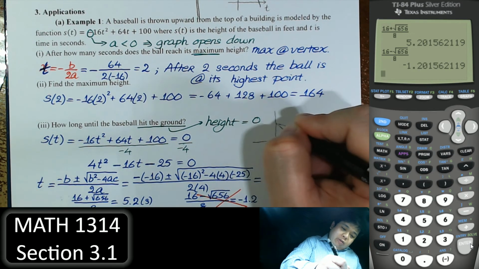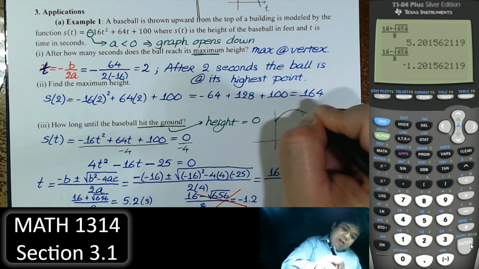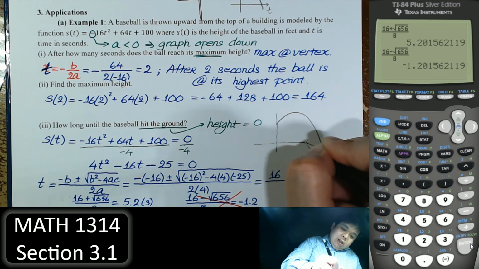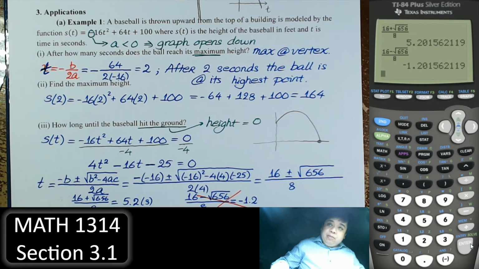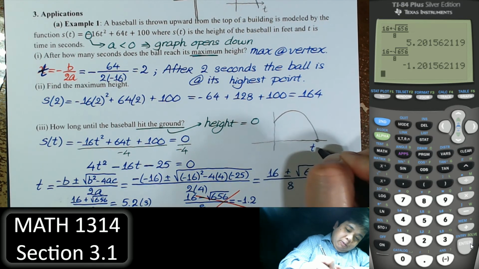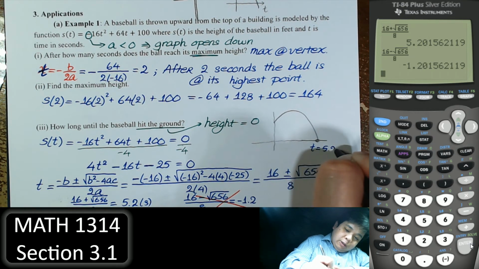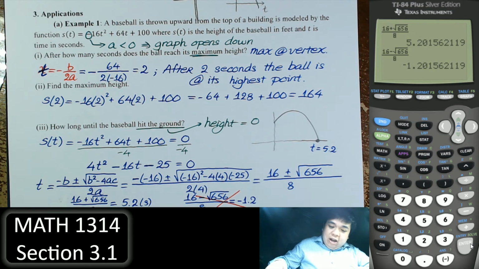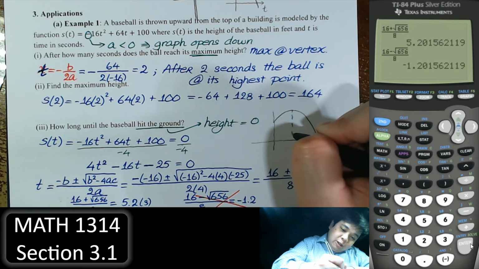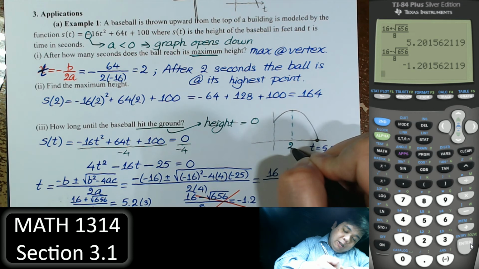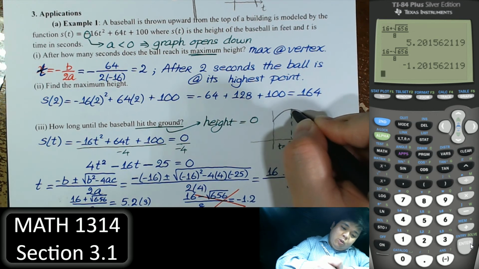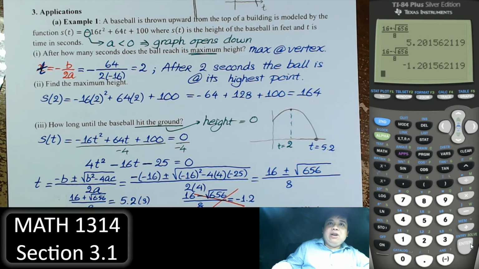We throw it from here at 100, and it reaches the high point and goes like this. So here, roughly, is about t equals 5.2. Now, the vertex is at 2, right? So that's where the vertex is.